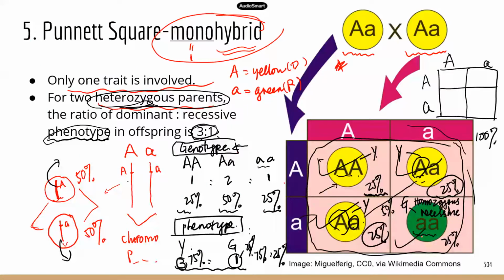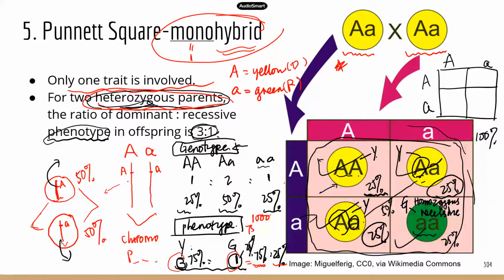But how about I go back to the type of cross where both parents are heterozygous? Now it follows the 3 to 1 ratio, right? So if you have 1,000 plants in total, then the 3 to 1 ratio is also the same as 75% yellow and 25% green.